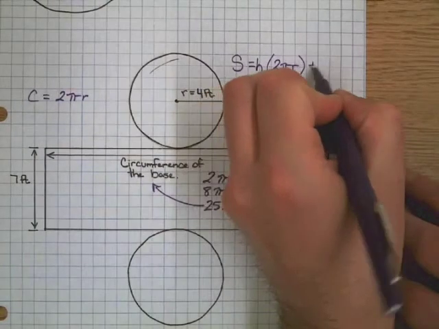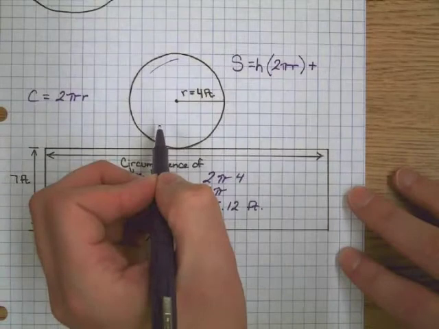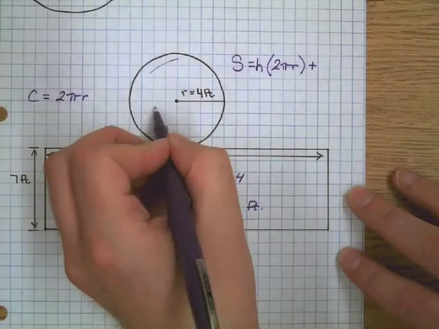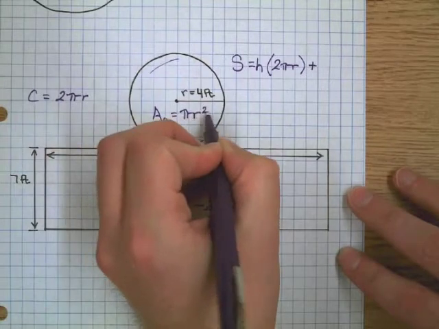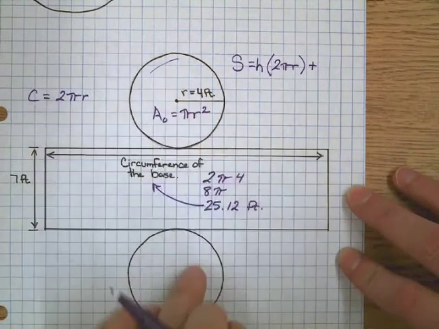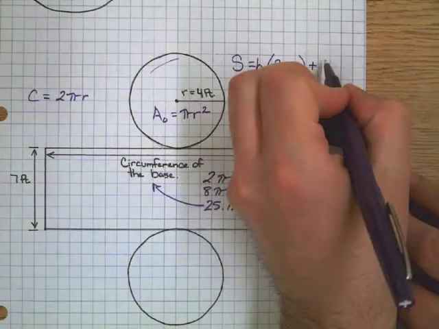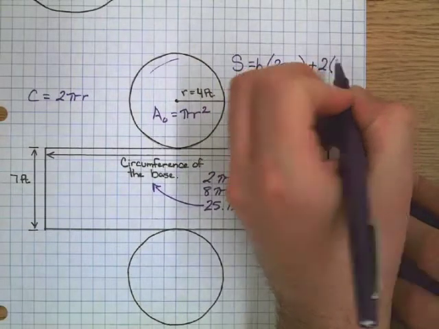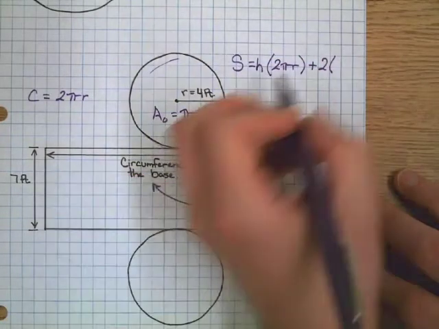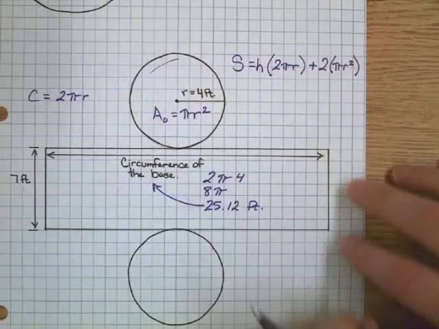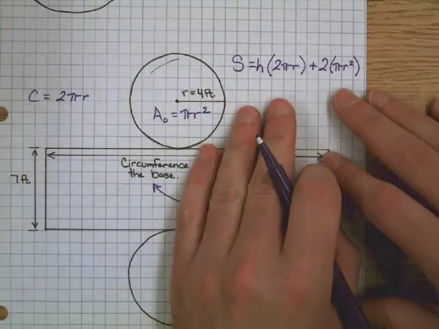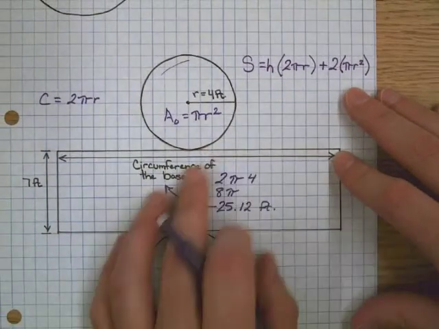And I need to add it to the area of these bases. Well, the area of a circle is pi times the radius squared, and I have 2 of these. So I'm going to say 2 times pi times the radius squared. So this is actually the formula for the surface area of a cylinder.